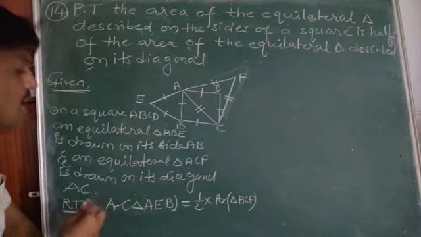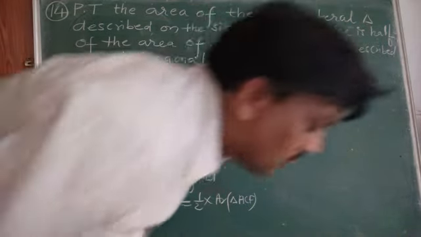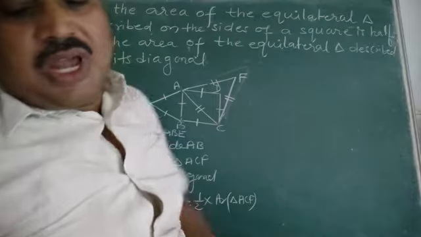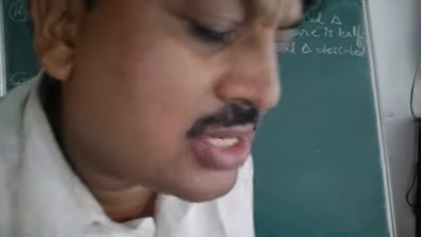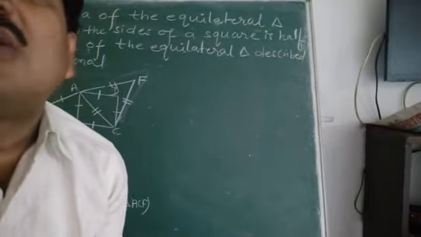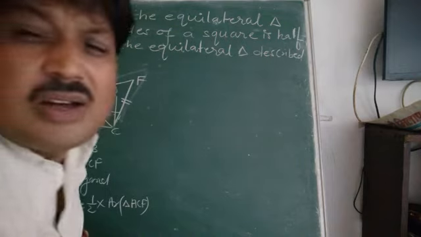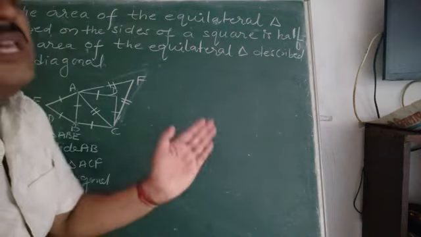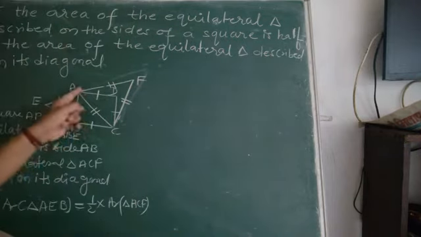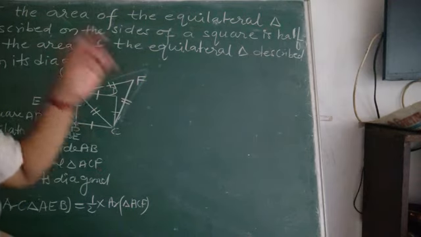First we should understand what we have to find, then only we can solve the question. So it is asked to prove the area of the triangle described on the side is equal to half of the area of the triangle described on the diagonal.